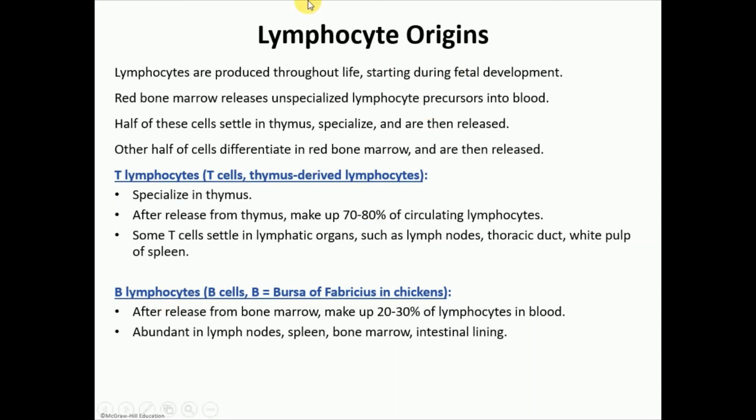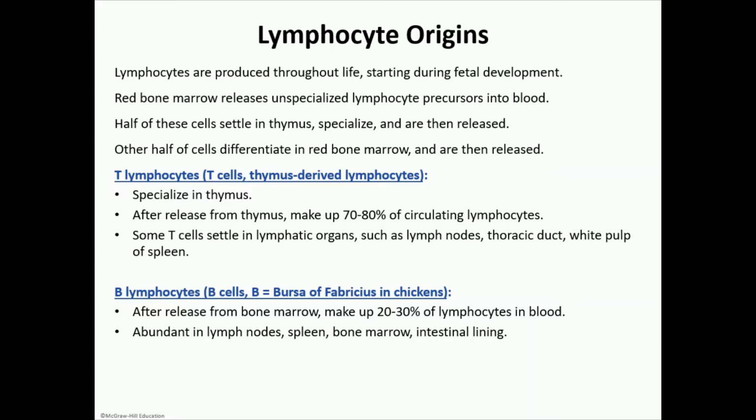So since the lymphocytes are the cells of the third line of defense, we want to understand where they're made. We make lymphocytes throughout our whole life. It starts during fetal development. It all starts in the red bone marrow. So we are going to make these unspecialized lymphocyte precursors, which basically means we don't know if these are going to end up being T or B lymphocytes.